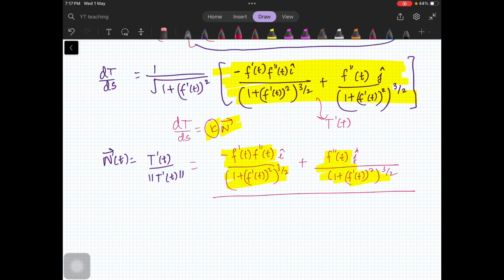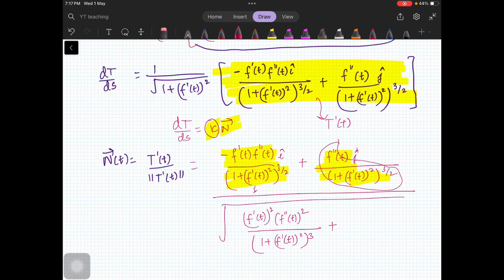So, if you do the i component square here, you will get f prime t square times f double prime t square divided by 1 plus f prime t square raised to power 3, because 3 by 2 and 2 will be cancelled, plus here that would be f double prime t square. In the denominator you will have 1 plus f prime t square raised to power 3.